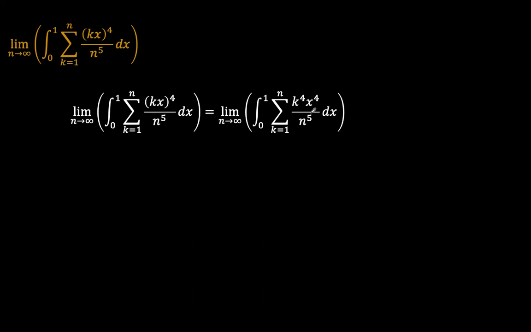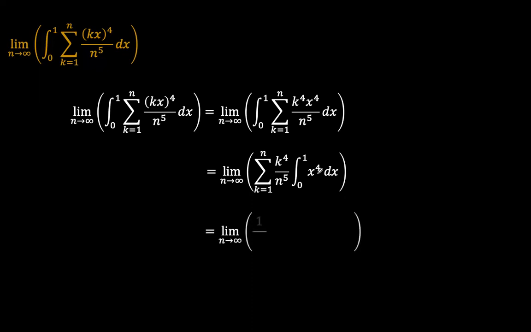Since the summation only entails the k value, we could bring the k out and also the n, and then focus on integrating the x term. The n is a constant in here, so I'll bring it out.